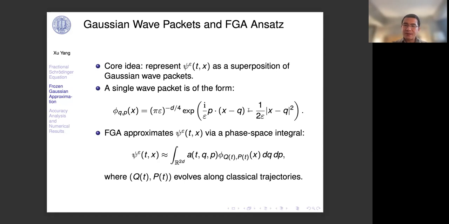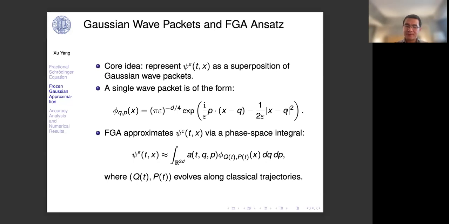And the second part is regarding the amplitude. It gives you the decay. So this is the wave packet centered in the phase plane. It's centered at x equal to q, and with the decay rate, if you think about the standard deviation, it's on the scale of the square root of epsilon. So it decays very fast.